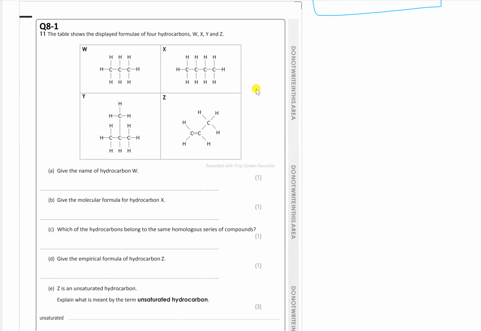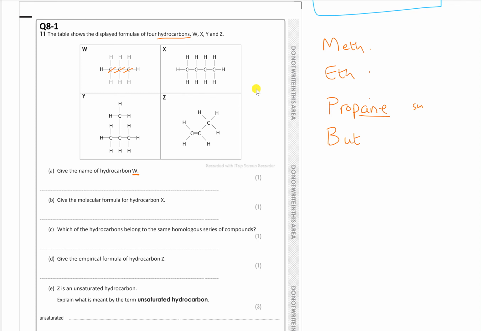We've got 4 hydrocarbons. Give the name of the hydrocarbon W. So remember, monkeys eat peanut butter: meth, eth, prop, but. So it's got 3 carbons, 1, 2, 3. So it'll be propane. Why is it an ane?